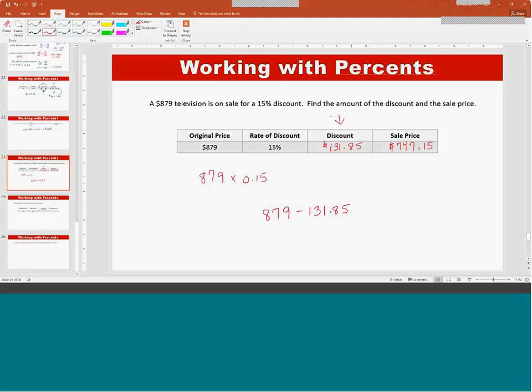Or, just like I showed you the shortcut for the other, if you didn't need to know exactly how many dollars off, if you wanted to go straight from discounting to your final price, you're going to subtract this percent from 100%. That would give you 85%.